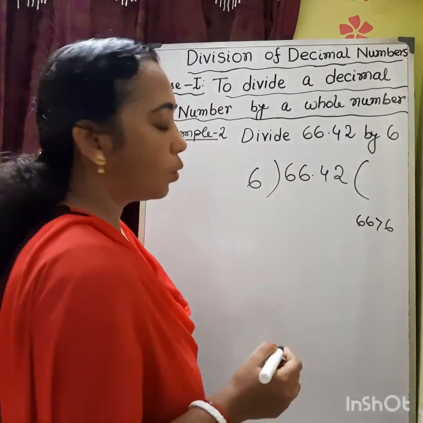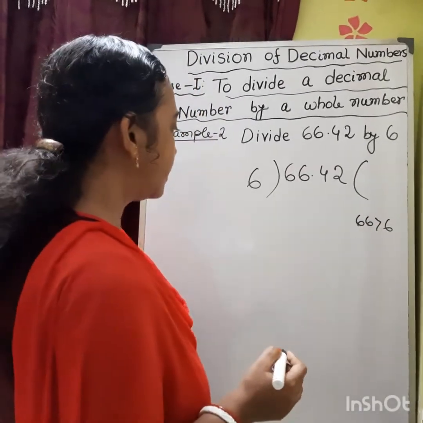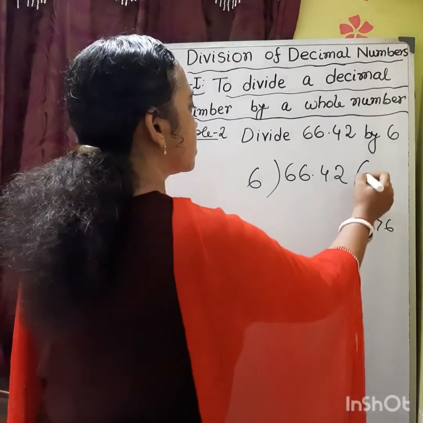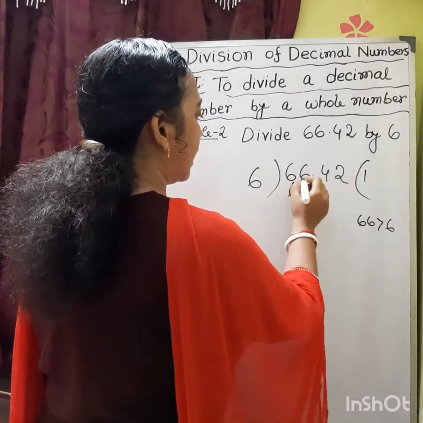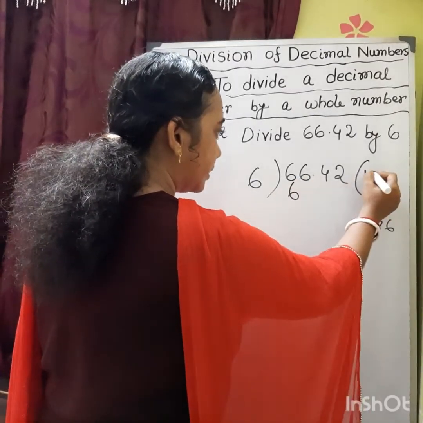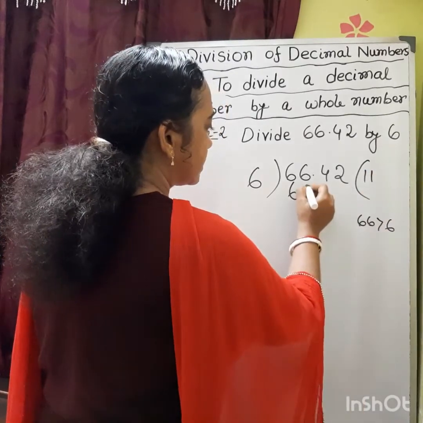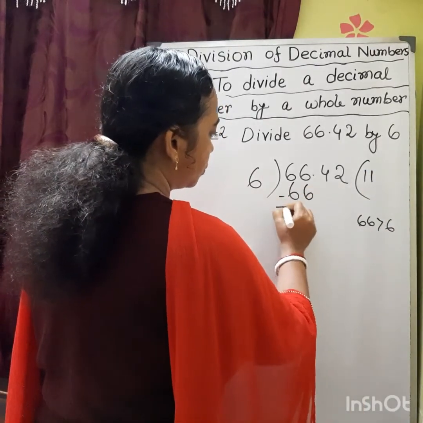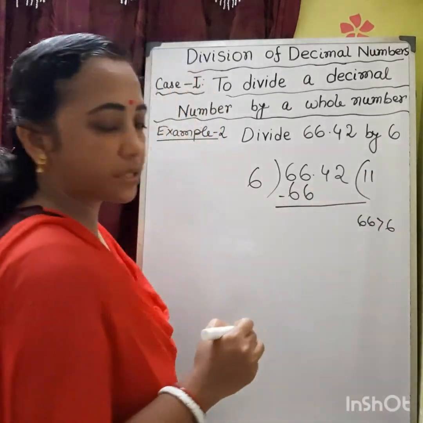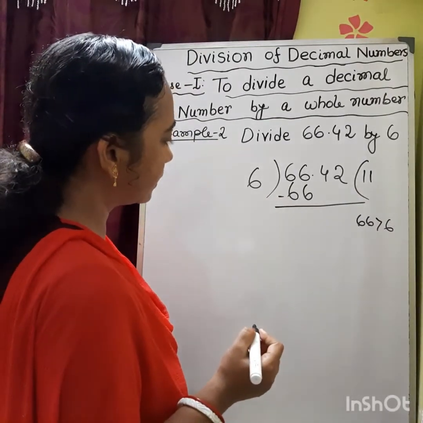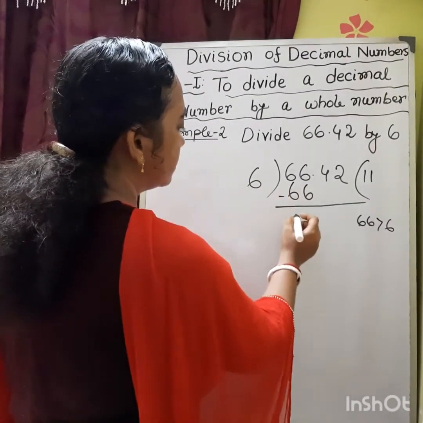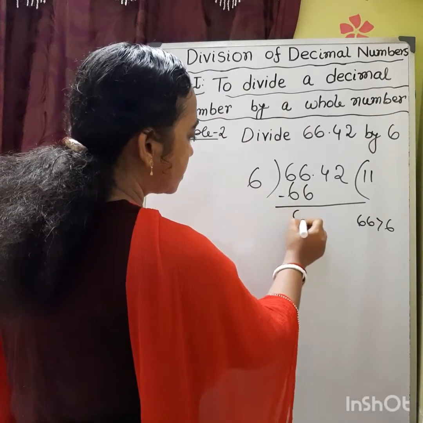So we divide the whole number part by the divisor first. We know 6 ones are 6 and again 6 ones are 6. So we can directly put here 6 elevens are 66, as we all know. If we subtract them, we get the result 0.